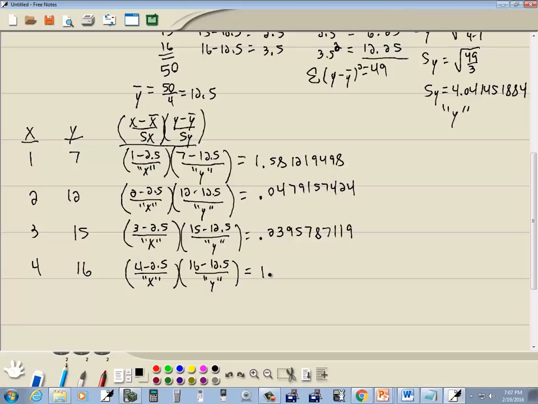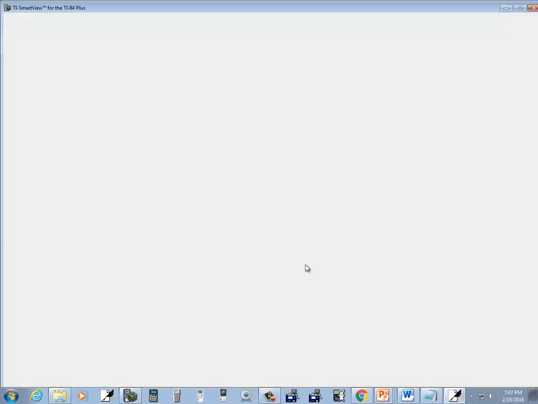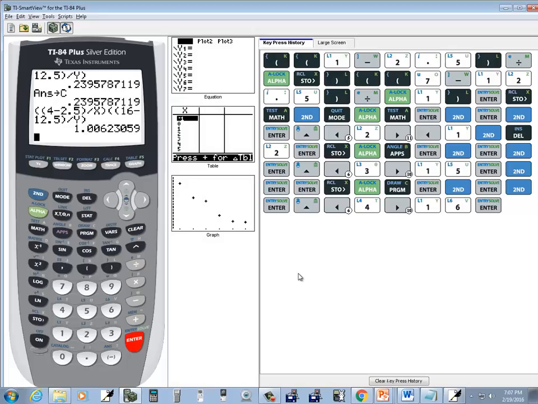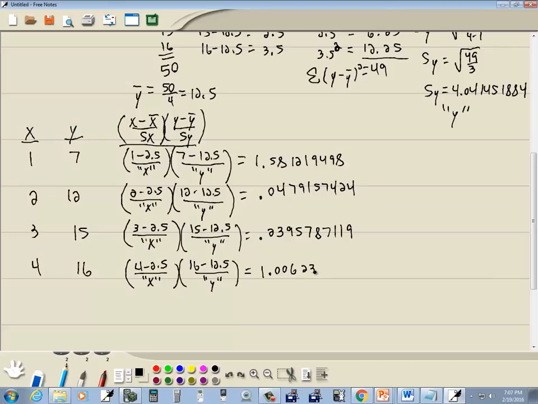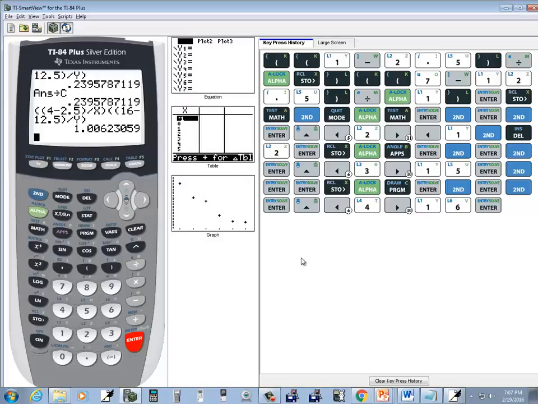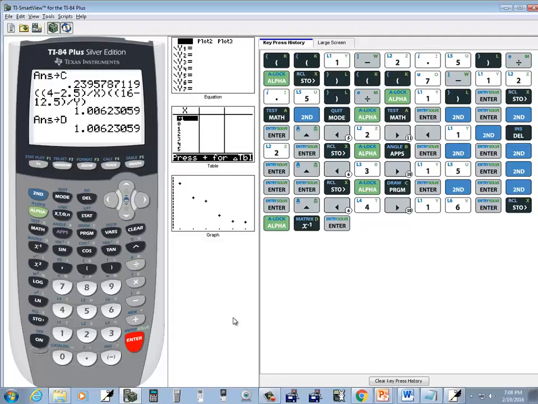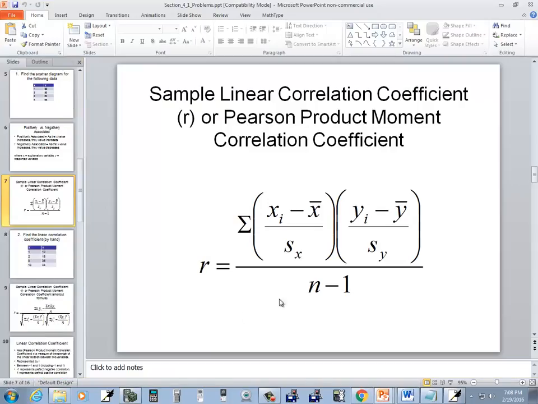And then we get 1.00623023059. Now I'm going to store that in D, so I'll press my store button, and then I'll do alpha, and then where's D? Above the X and -1, and press enter. Okay, now our formula says there's a sigma in front of that, so we're going to add those together.